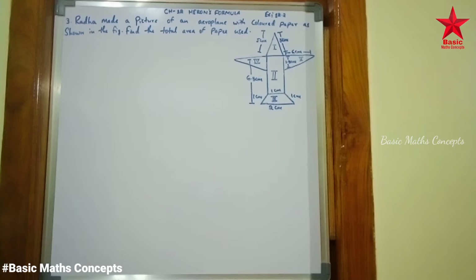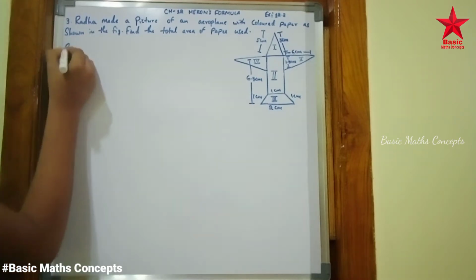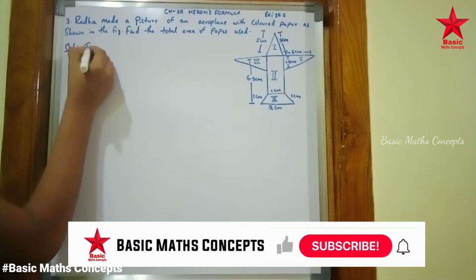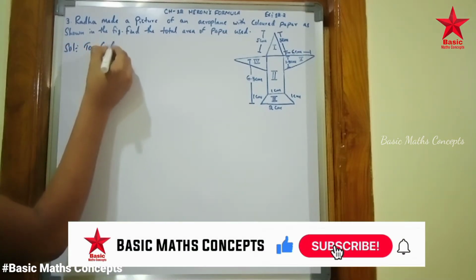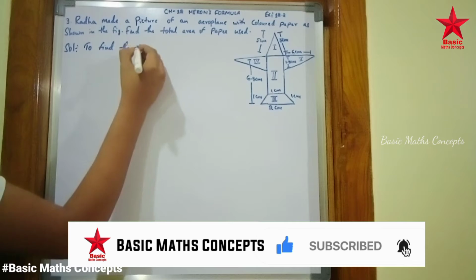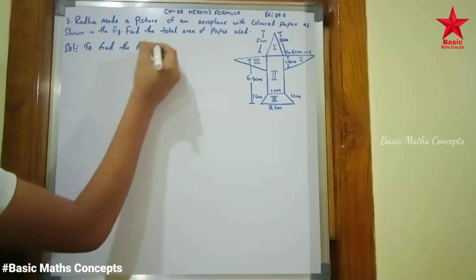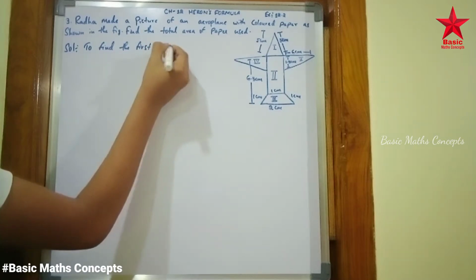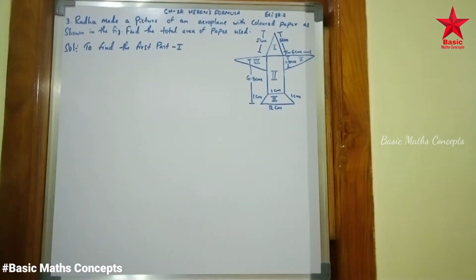So see the first part. To find the first part, I am using Heron's formula.